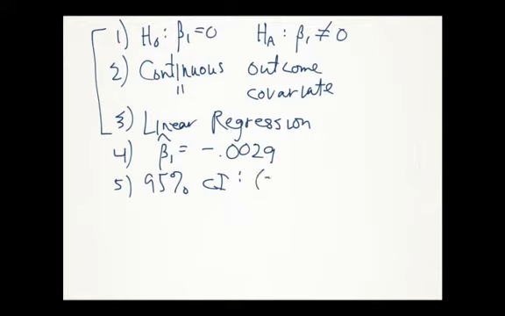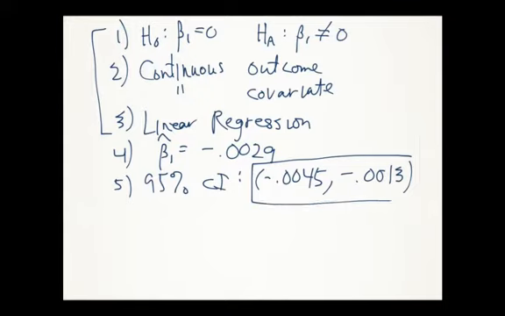The 95% confidence interval goes from negative 0.0045 to negative 0.0013. And so what's important about this 95% confidence interval? This side is negative, this side is negative, and so 0 is not in here.